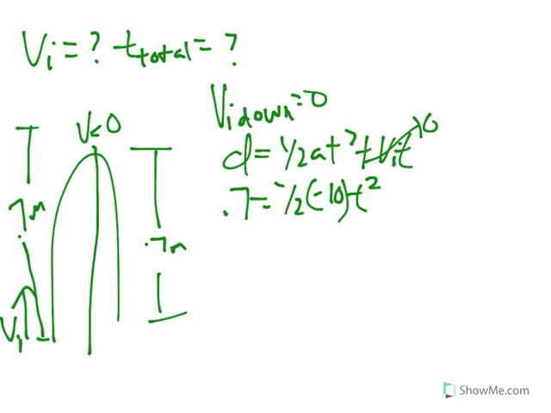Since I can divide the problem in half and just look at this side, the initial velocity on the way down is 0, which allows me to ignore that term and solve for t.